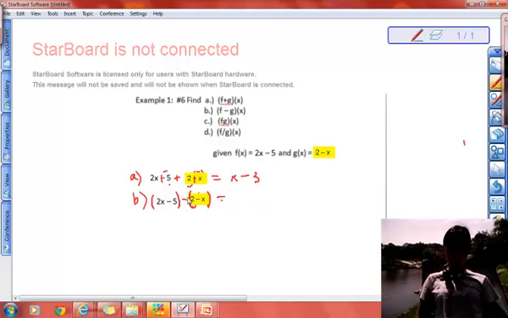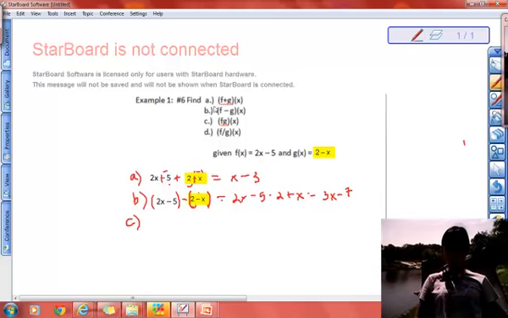So we're subtracting this whole g(x), this 2 minus x, so you have to distribute that subtraction to everything. So it would be 2x minus 5, and then we would have minus 2, and then minus negative x, so plus x. And when you simplify and combine these like terms, what we're going to get is 3x, and then we have negative 5 minus 2, so minus 7.